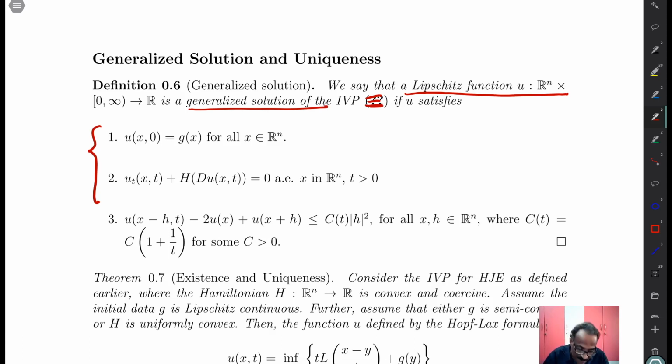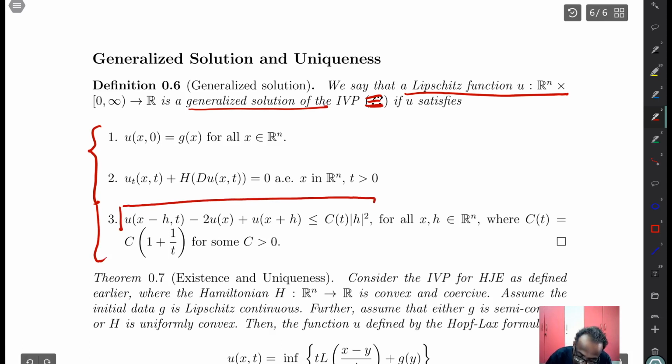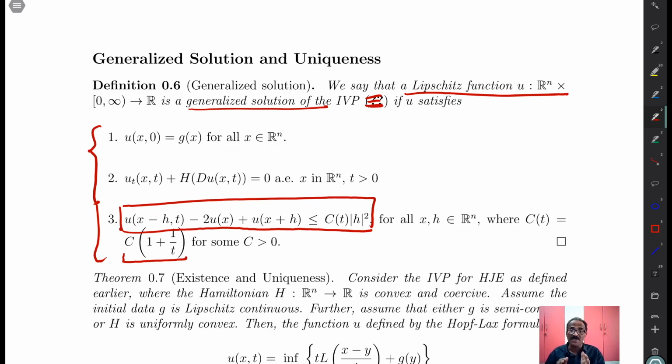For uniqueness, you add this condition as well: it satisfies the second one-sided derivative estimate, with C positive. So if a Lipschitz continuous function satisfies the estimate and the initial condition, and satisfies the Hamilton-Jacobi equation in the almost everywhere sense, then it is called a generalized solution.